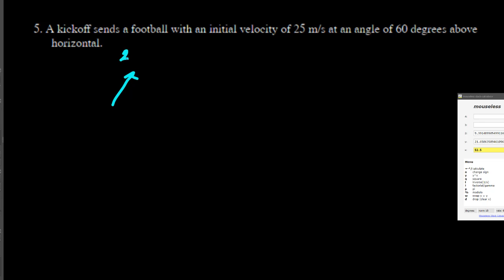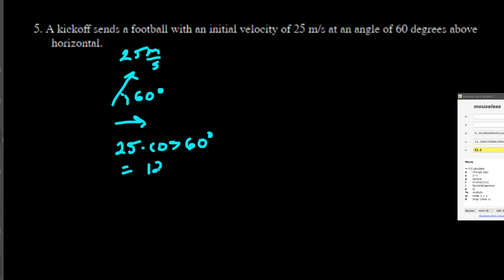We do know that this is 25 meters per second at a 60-degree angle, and that'll have two components. The horizontal component will be 25 times the cosine of 60, which turns out to be 12.5 meters per second.